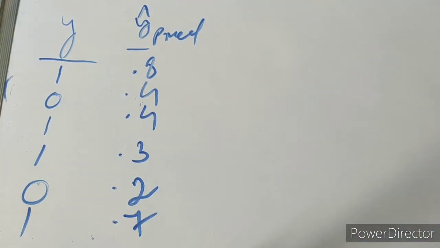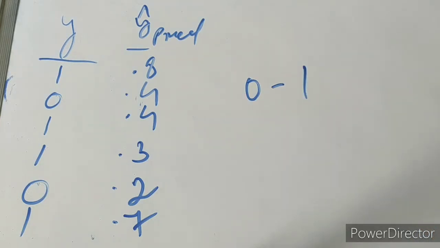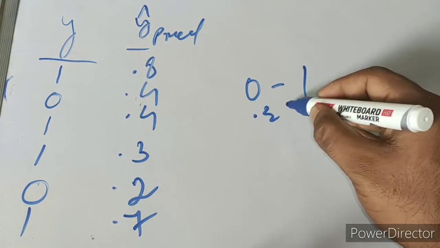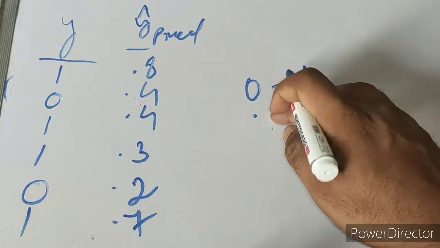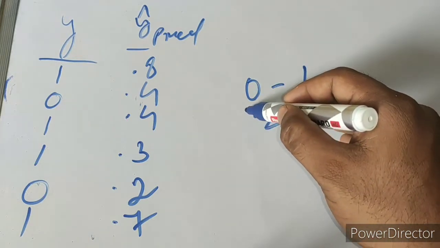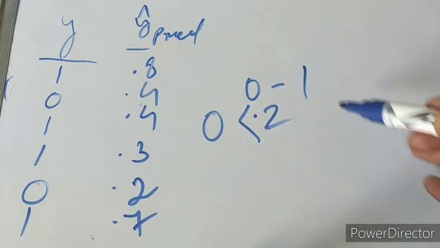But we know whatever fraction comes, that fraction has to be converted into two values, either 0 or 1. How is it converted into two values? As I have already explained, based on a threshold value. Suppose the threshold value is 0.2. Whatever value comes below 0.2, it has to be 0.